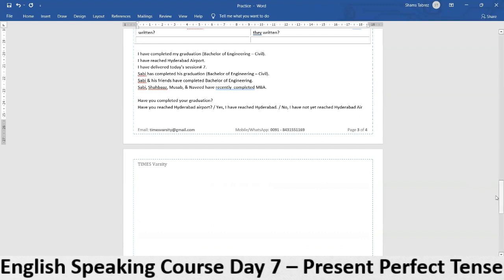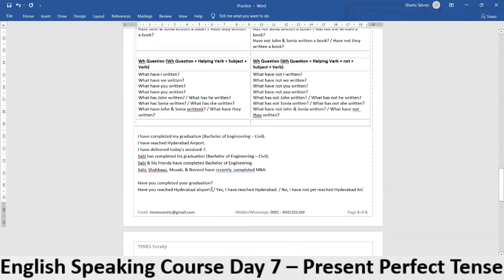So you see, the question is in the present perfect tense, and the answer is also in present perfect tense. The answer may be affirmative or negative, right? And here, let's say a WH question. So we can say, where have you reached? For example, where have you reached?